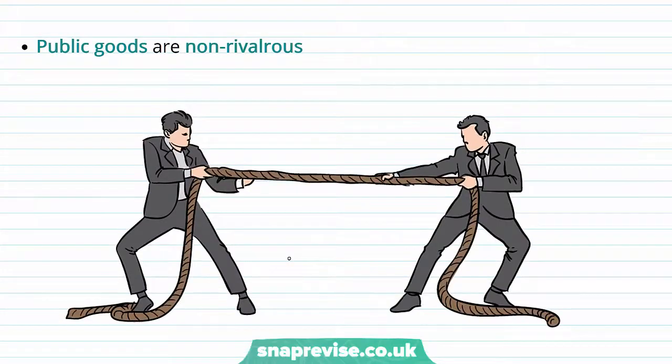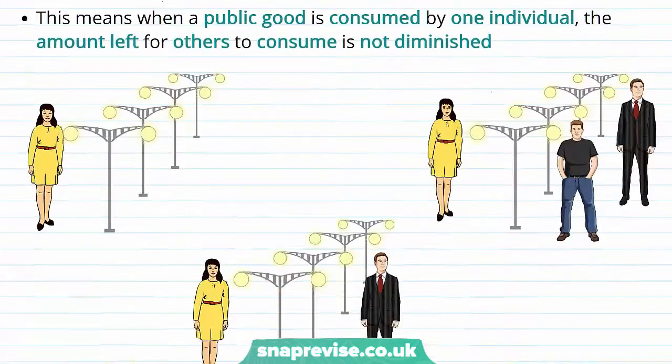Public goods will be described as non-rivalrous. Okay, so this means that when a public good is consumed by one individual, the amount left for others to consume is not diminished.